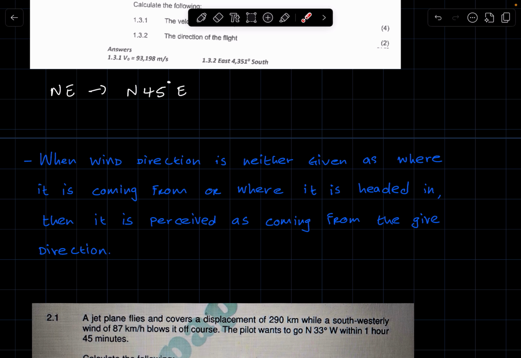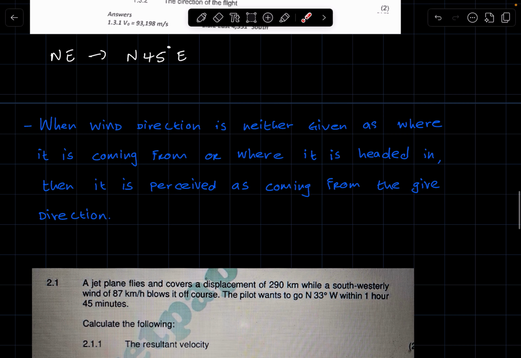They neither say that the wind is coming from the given direction, nor say it is headed in that direction. Hence here I said when wind direction is neither given as where it is coming from or where it is headed in, then it is perceived as coming from the given direction.